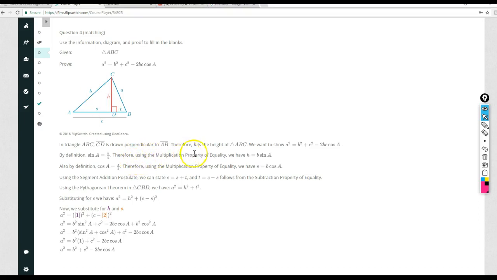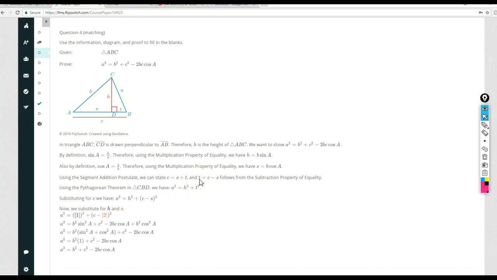Therefore, using the multiplication property of equality, we have h is equal to b sine of A. So they multiplied b to both sides in order to solve for h. Also, by definition, cosine of A is equal to s divided by b. Therefore, using the multiplication property of equality, we have s is equal to b cosine of A. Using the segment addition postulate, we can state that c, the side length of AB, is equal to s plus t.